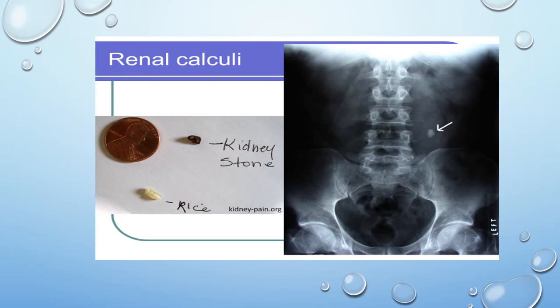So causes of these renal calculi or these kidney stones depends on the type of stone. It can develop over weeks or even months. The most common one are calcium stones, which you can see in that x-ray, and they're easily identified because you can see bones in your body, and bones are made up of calcium. So if you have a calcium stone, it's very well identified on a simple x-ray.